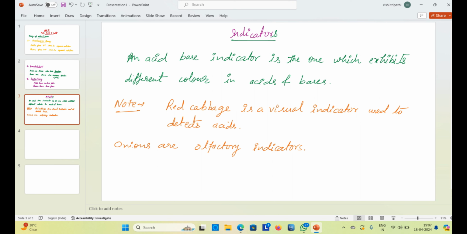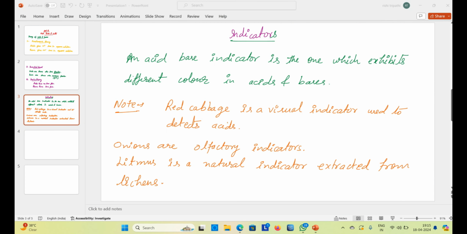Litmus is a natural indicator extracted from lichens. So from where will you get this litmus? From lichens, where there is a symbiotic relationship between algae and fungi, and from that symbiotic relationship you will get litmus.